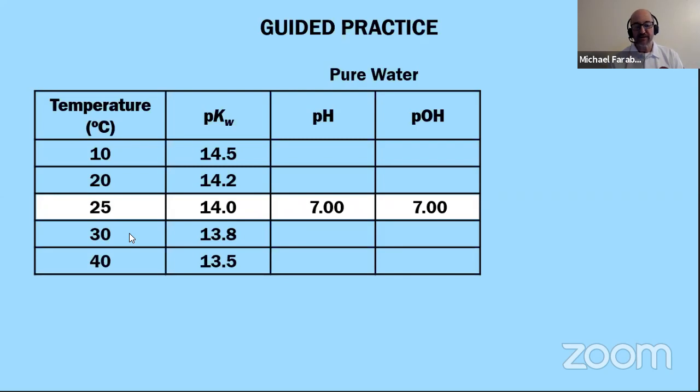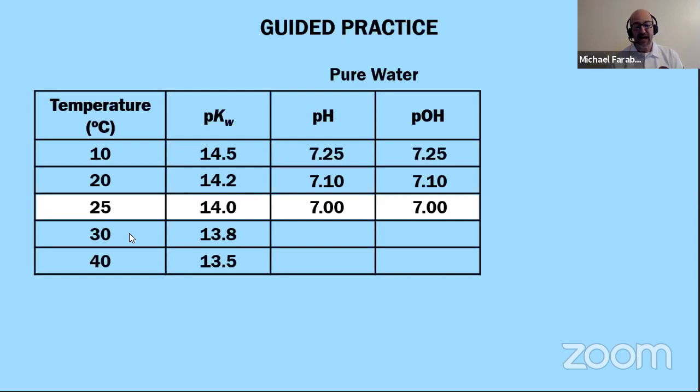So at 20 degrees Celsius, not 25, the pH of pure water is 7.1. The pOH is not 14 minus 7.1, it's actually 14.2 minus 7.1. And as you already know, in pure water, pH and pOH are the same.